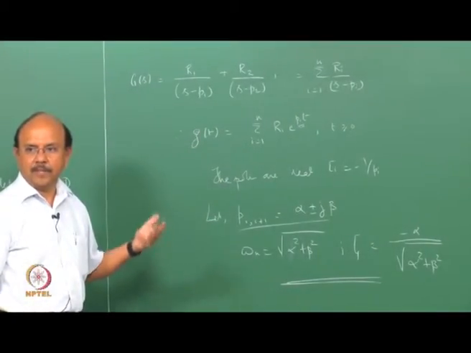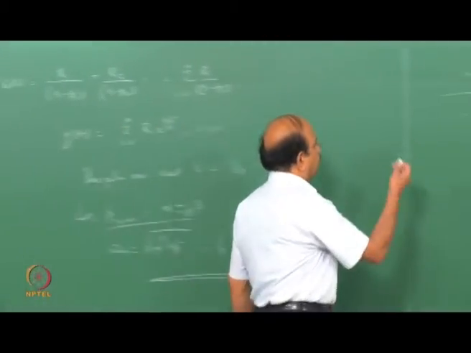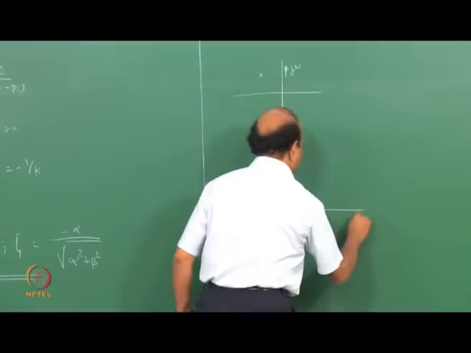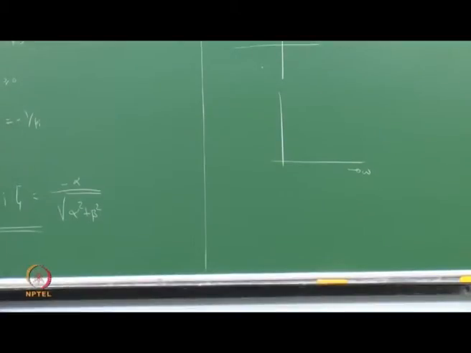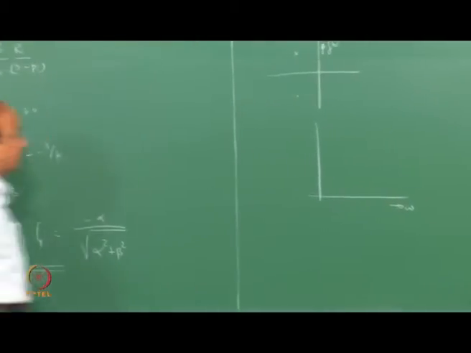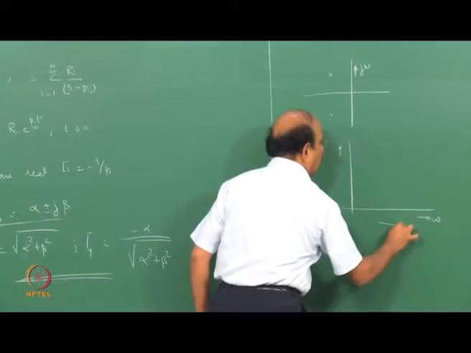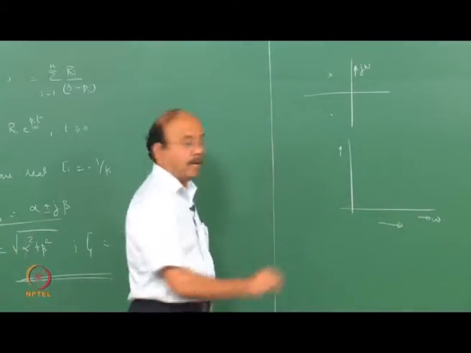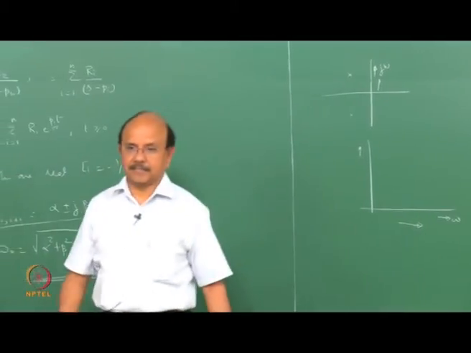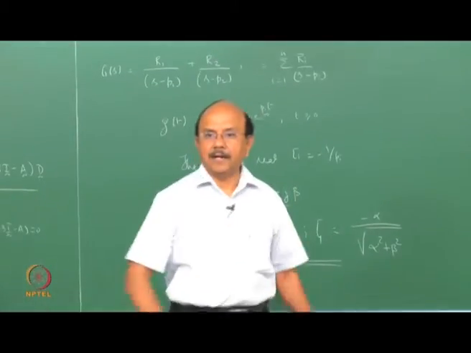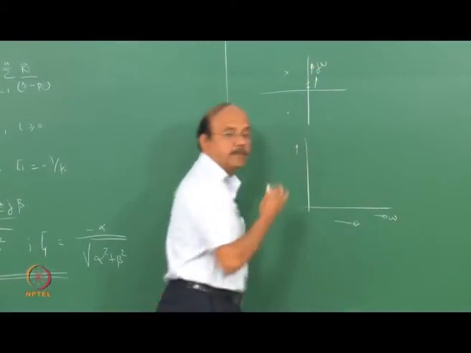In other words, when I want to plot the frequency response, I plot omega here, and the response in the y axis. So you would notice that as I go along omega, I go up that axis, at various places, I go up this axis.